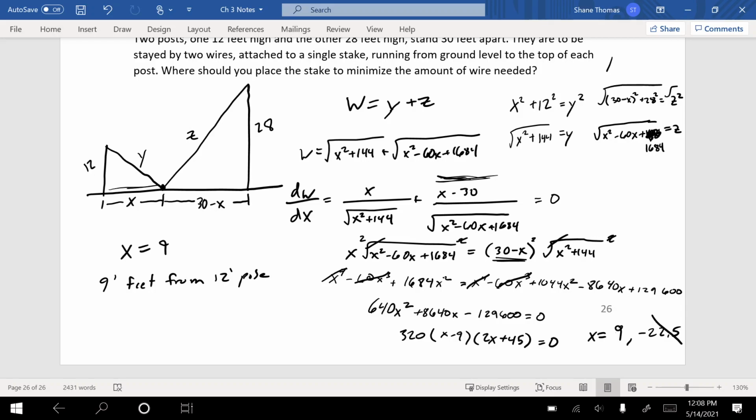So this distance here is 9 feet. And then if that one's 9, the entire thing's 30. How long is the other one? 21 feet. And that's from the 28-foot pole. Boom.